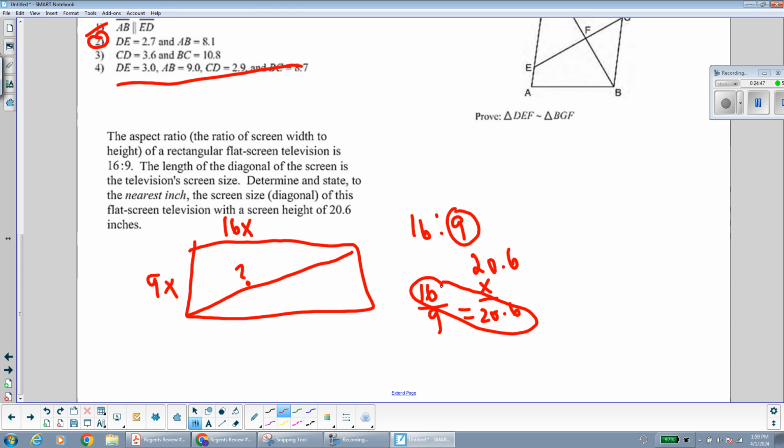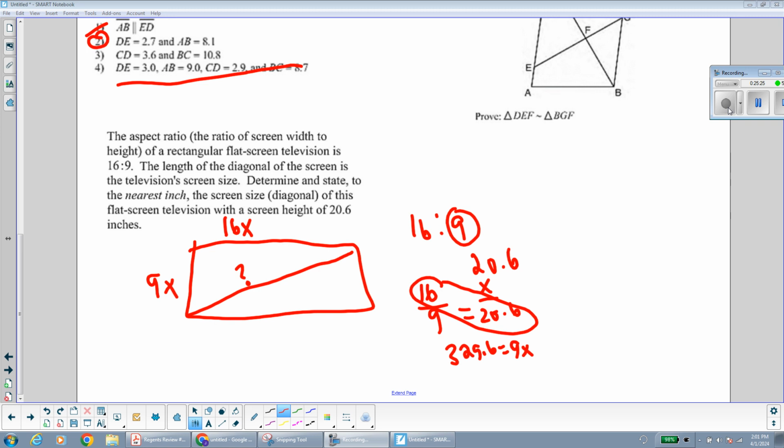So I'm going to cross multiply here. 16 times 20.6, and that is 329.6 equals 9x. So I'm going to divide by 9 on both sides. And on my calculator, that's approximately 36.6.